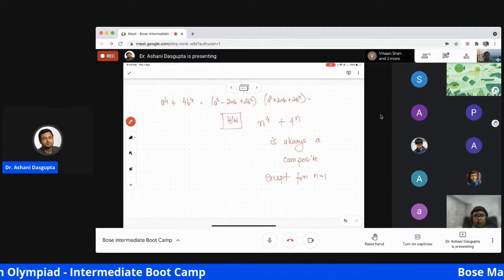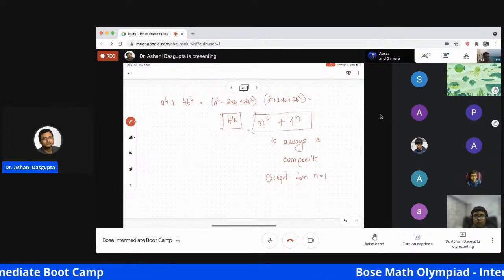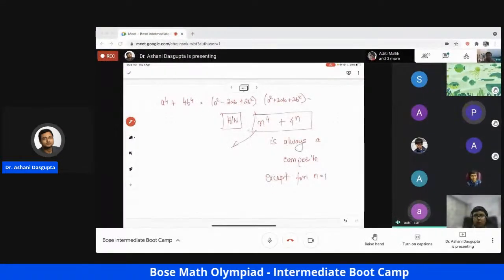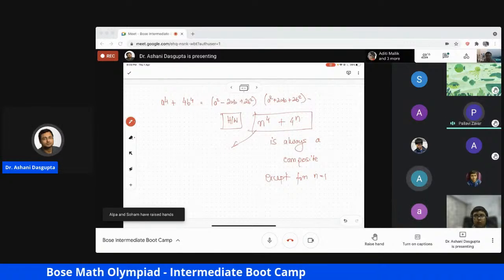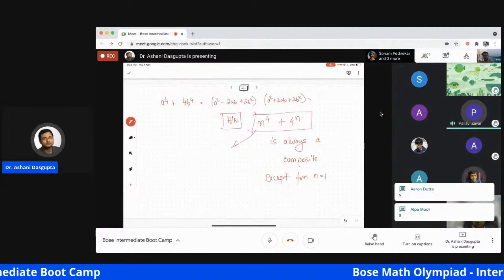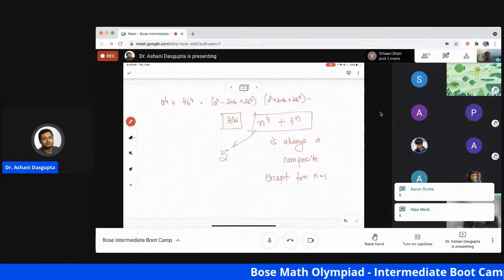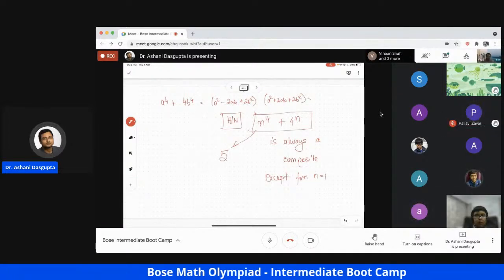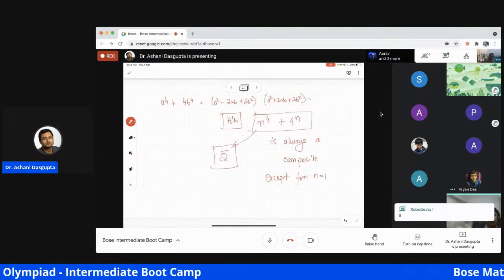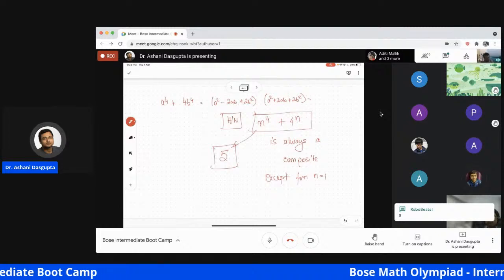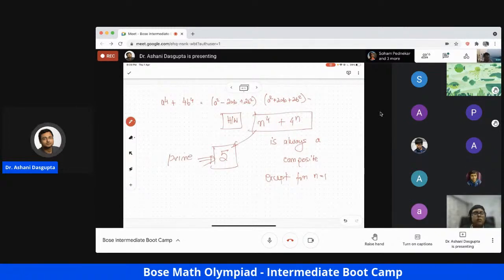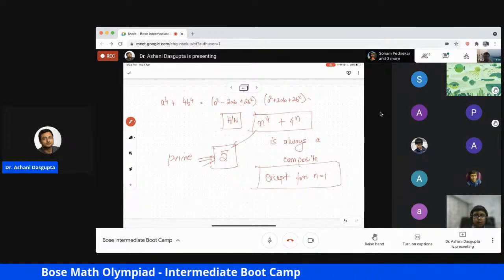So if you plug in n equals to 1 in this, what do you get? It's equal to 1 plus 4, so that's a 5. Sir, 1 to the power 4 is 1 and 4 to the power 1 is 4, so 1 plus 4 is 5. Excellent. So this is a prime number, right? This cannot be factorized into anything. So except for n equals to 1.